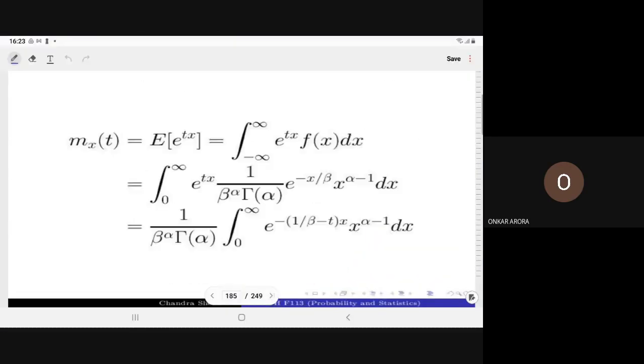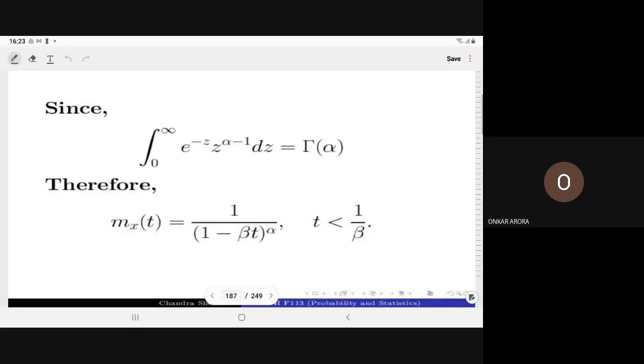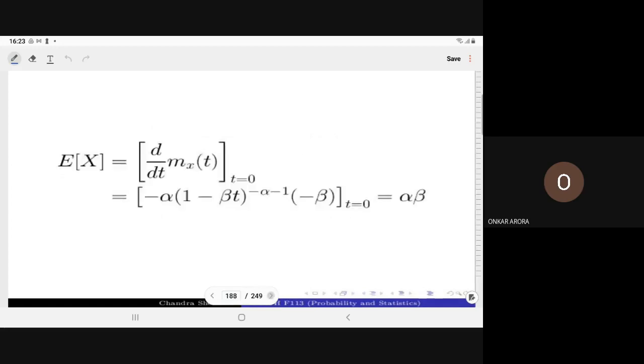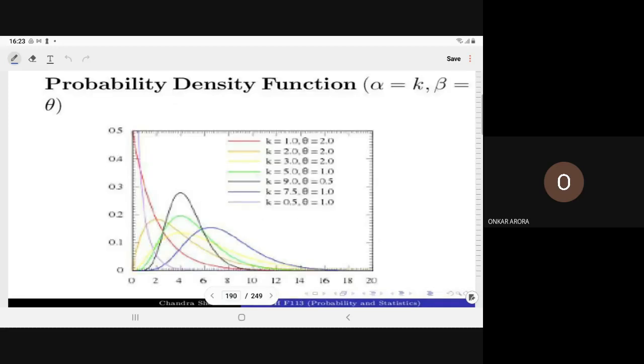So here we have the derivation of the MX(t), then the mean and variance. As I have shown you earlier also, for different values of alpha and beta, I have taken this graph from the net.